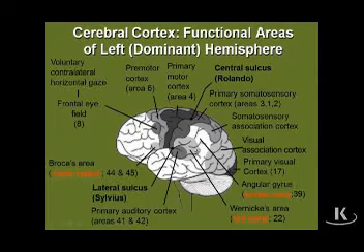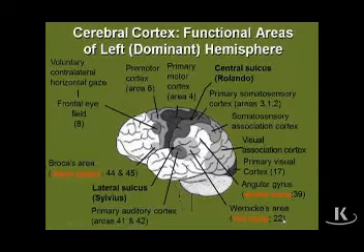Next, look where Wernicke's area is. Wernicke's area is considered to be Brodmann area 22. It's situated mainly in the left temporal lobe, and extends a little bit into the adjacent parietal lobe. But look where Wernicke's area is.